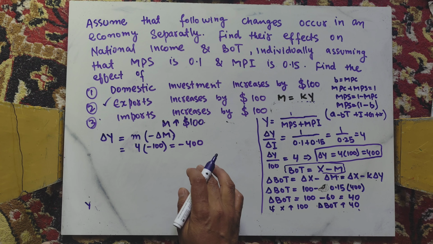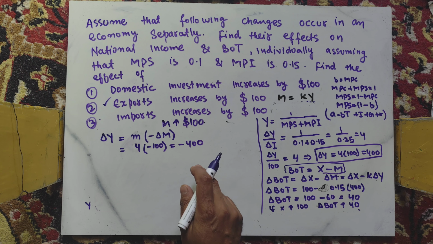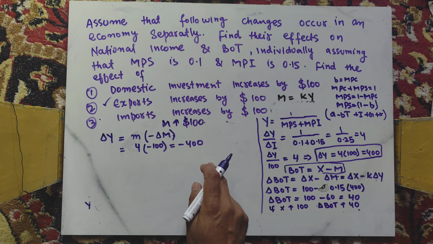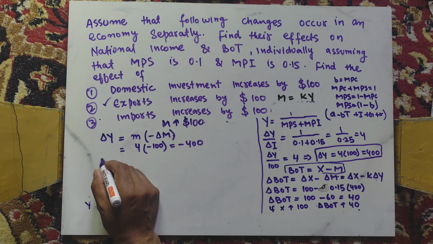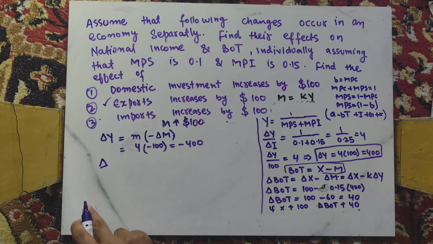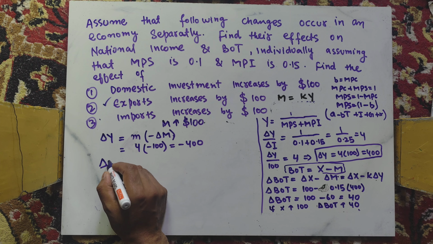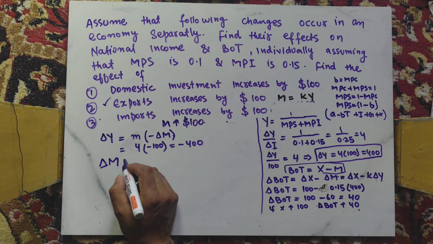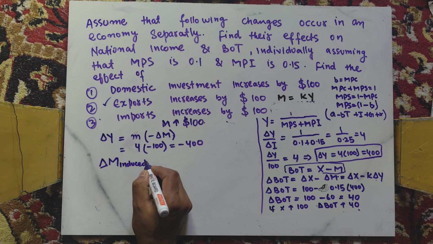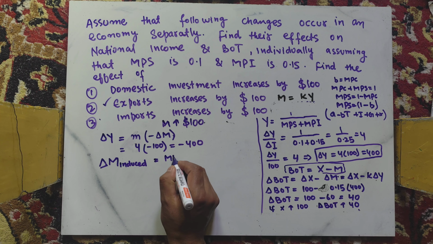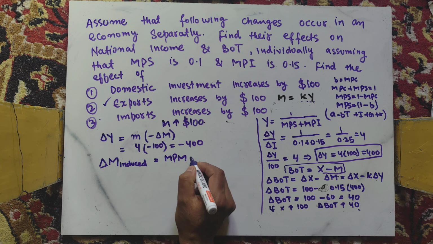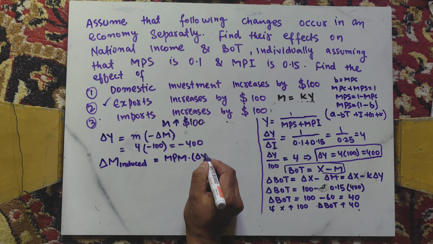Now the change in the imports due to the change in the national income, let me write it by this. So change in the imports, which is the induced change, induced because national income has changed, will be equal to the marginal propensity to import times the change in the income.